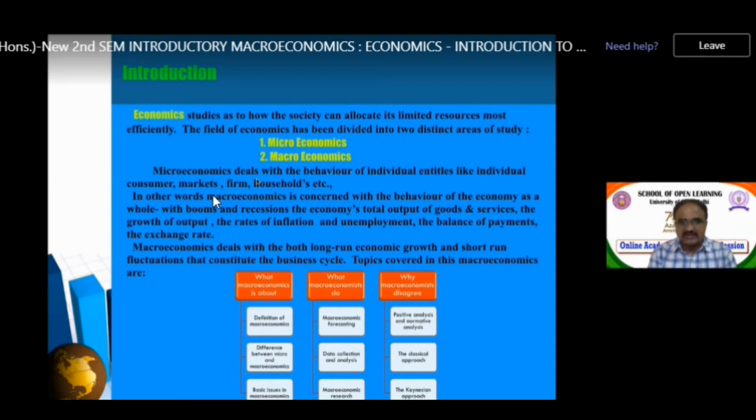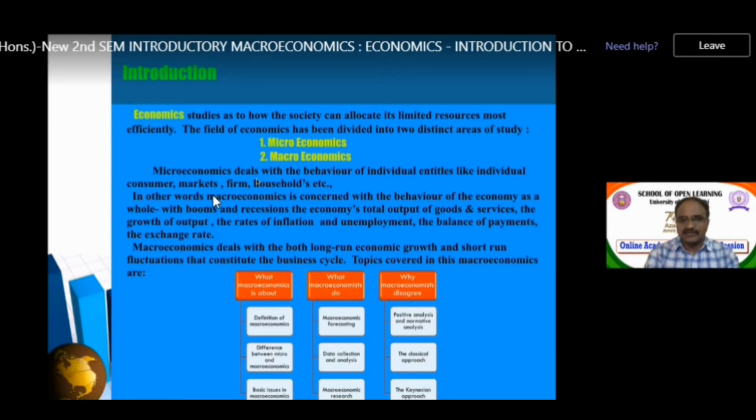It studies, for example, total output, total goods and services, the growth of output, the rate of inflation, unemployment, balance of payments, the prices in the economy, the exchange rate, exports and imports. These are the other macroeconomic concepts we learn about the economy as a whole. So in this semester we learn macroeconomics, which deals with the economy as a whole.